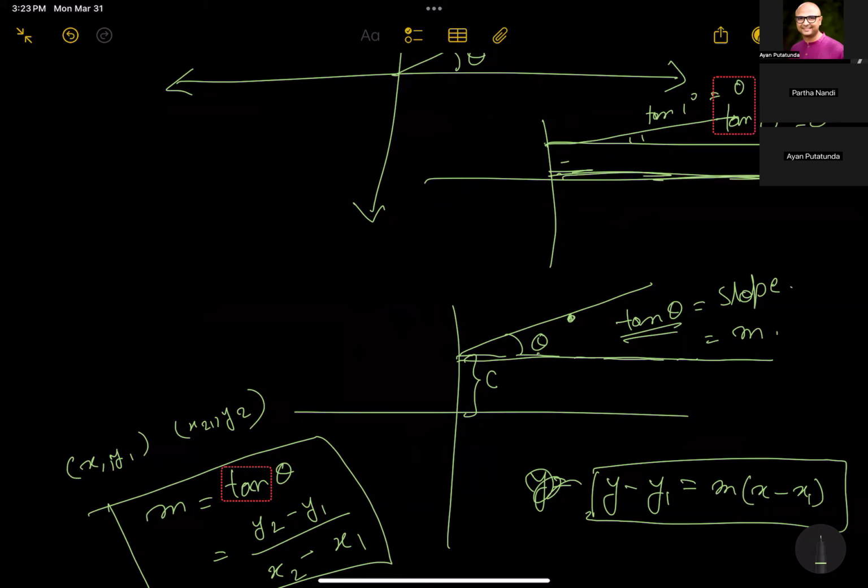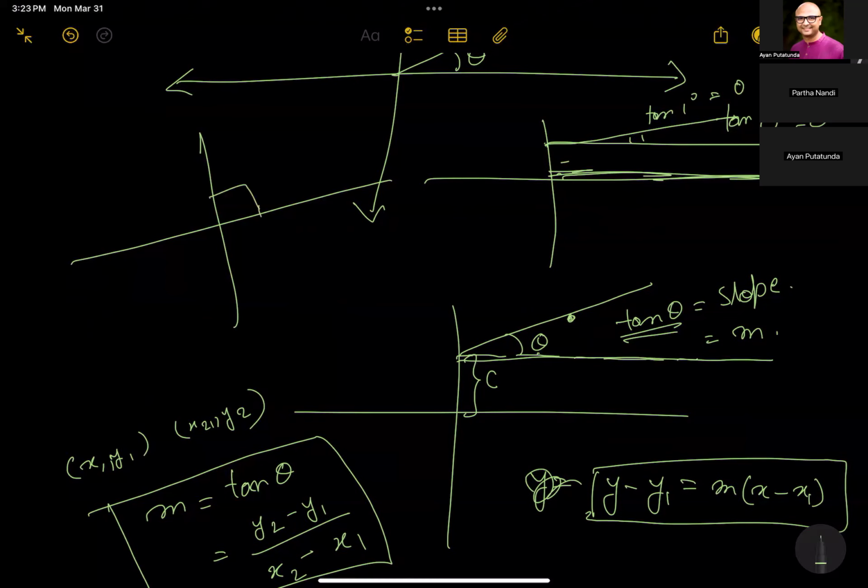So when you go from tan theta to say tan 30, or say tan 90, you would basically get the slope as undefined, because tan 90 is when you have an angle which is nothing but the y-axis.